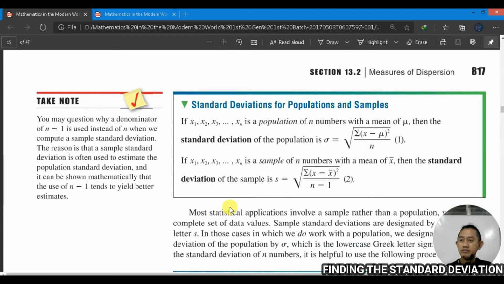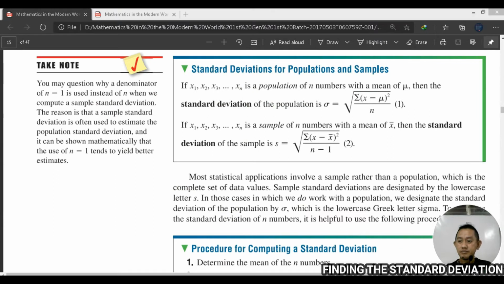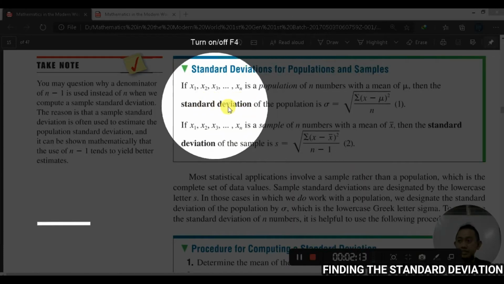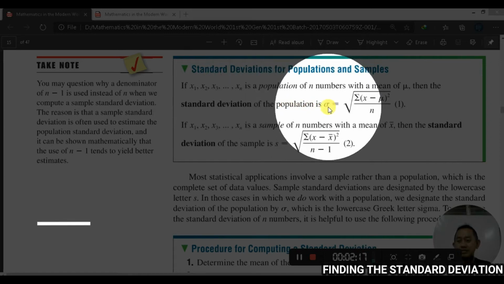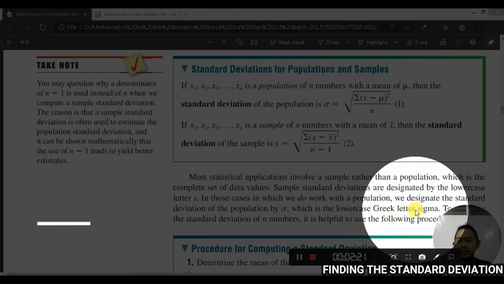So, mo ni ang formula sa pag-solve sa imong assignment. We have two formulas, duha ka formula. The two formulas I will show is this one, kaning standard deviation of the population, sigma. So kaning symbol, this is sigma, Greek letter sigma, lowercase sigma.